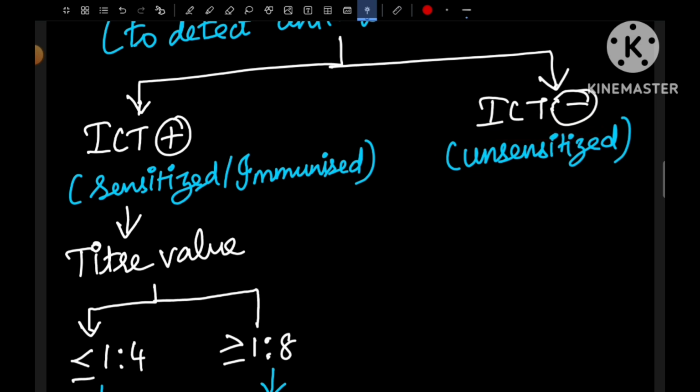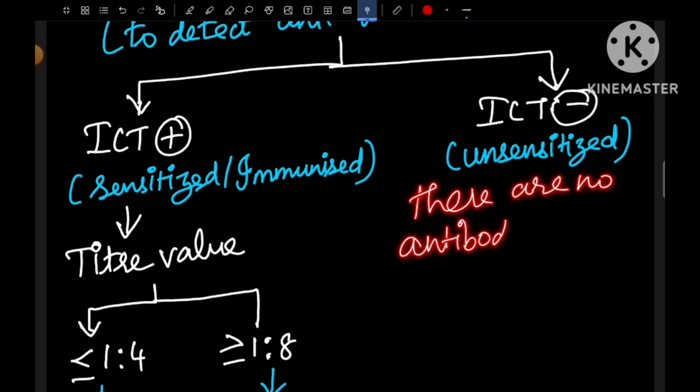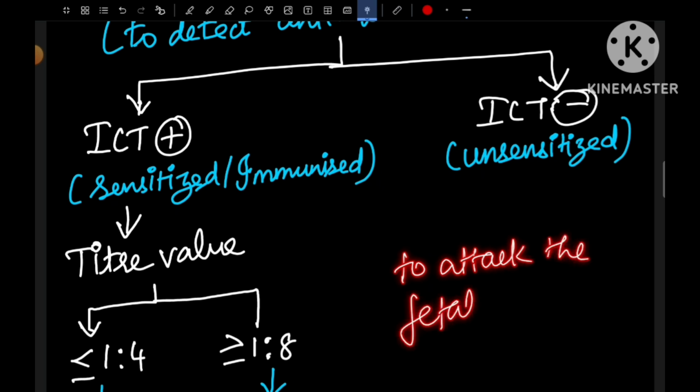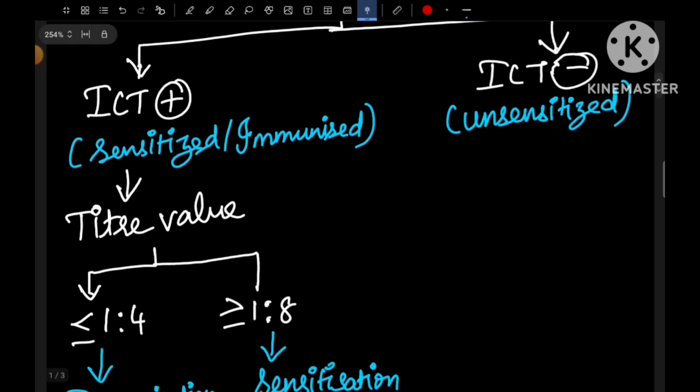Okay, so ICT negative means there are no antibodies. What antibodies? Anti-D antibodies to attack the fetal antigens. Guys, here also we spoke about antigens.